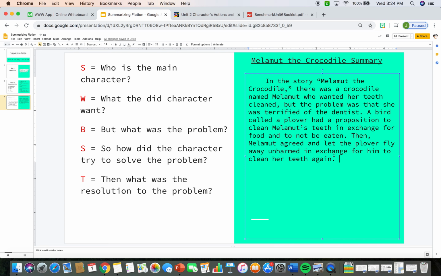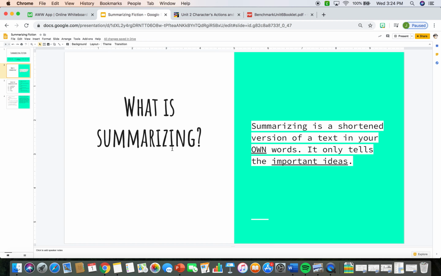Don't go too much into detail, because then it wouldn't be a summary. A summary is short, quick, and sweet. You don't need to add too much. So mine's super duper short, but this is exactly what I expect. I'm expecting a quick and shortened version of the text in your own words.